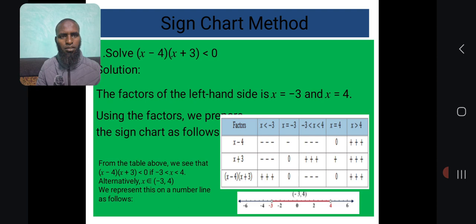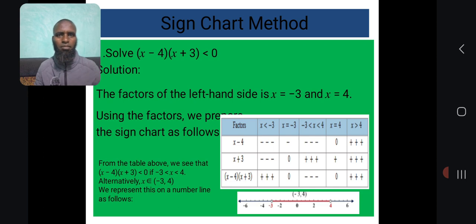At x equals 4, the value will be 0, and above x equals 4 we get the positive part. If x equals 5, for example, 5 minus 4 will be positive 1. When x equals 3, 3 minus 4 will be negative. Therefore, below x equals 4, the given factor is negative.